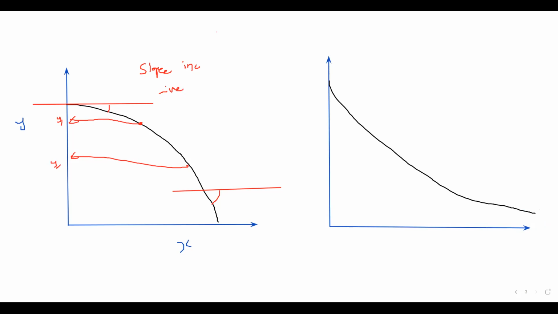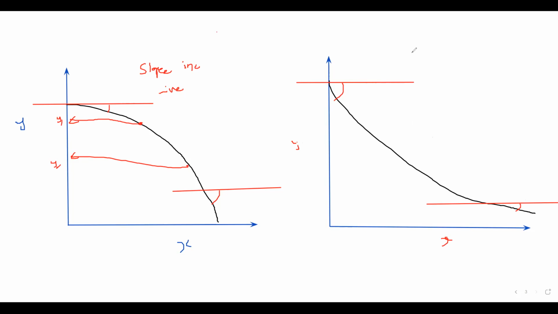what is happening to the slope? Slope means angle with the x-axis. So when we draw the horizontal line, the angle with the x-axis, in the beginning it is much steeper, but as we move on, the angle is decreasing.